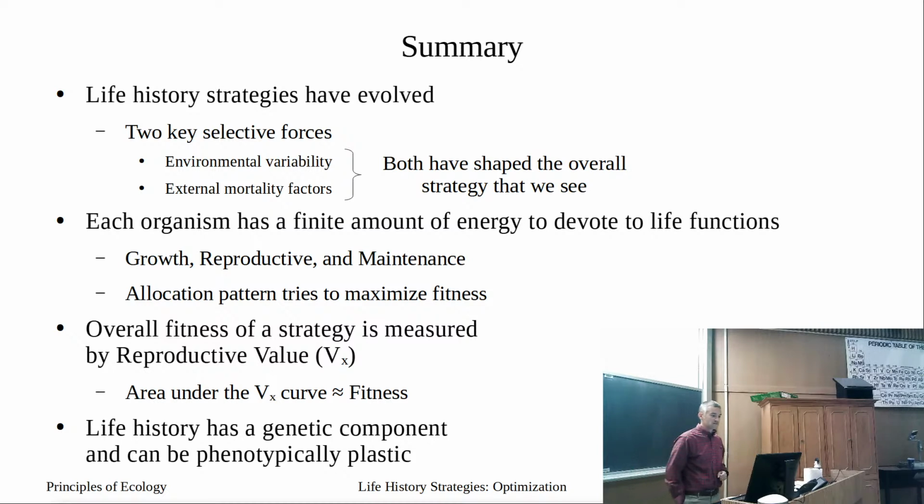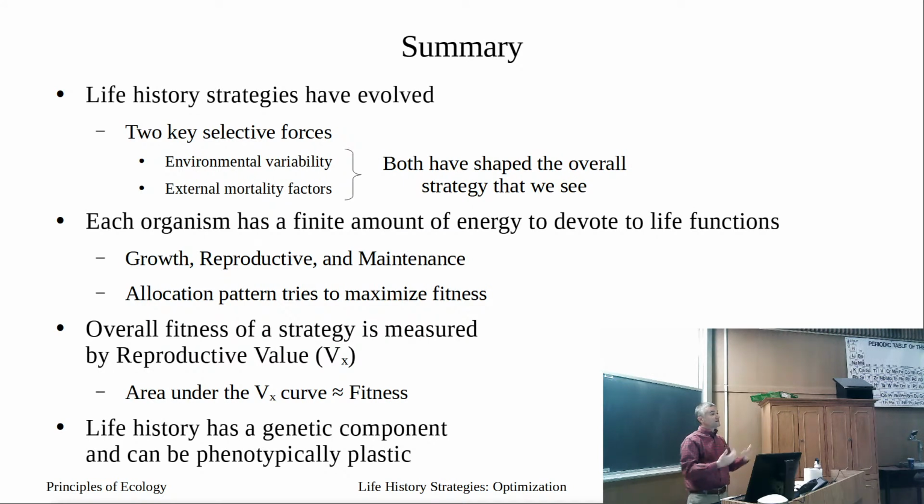Both of these, the environmental variability and external mortality factors, affect the overall shape of that VX curve. And if our shape changes, then it changes what our best strategy will be. Our strategies are influenced by the finite amount of energy that we have. So we had that curve that said we have growth, reproduction, and maintenance.